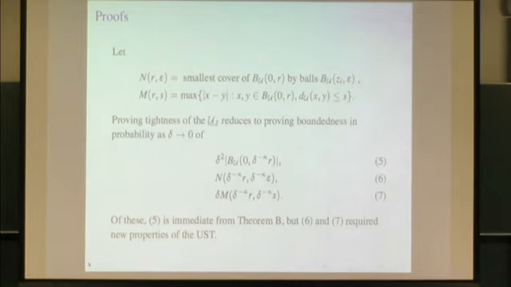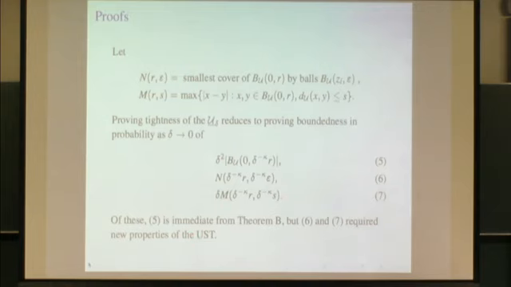So first of all, we look at the measures of balls and we rescale them in the right way. We look at the number of balls needed to cover an intrinsic ball, and then we look at the maximum distortion that we get between the intrinsic metric and the Euclidean metric, or one-way distortion. So 5 was proved already in the earlier papers by Robert Masson and myself, but 6 and 7 required new properties of the uniform spanning tree.